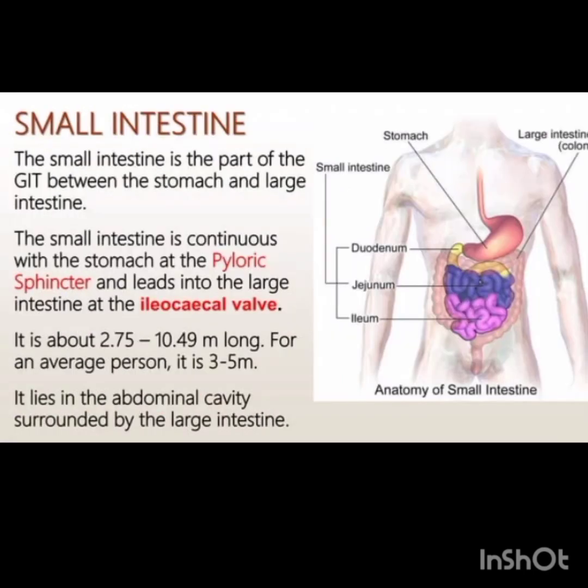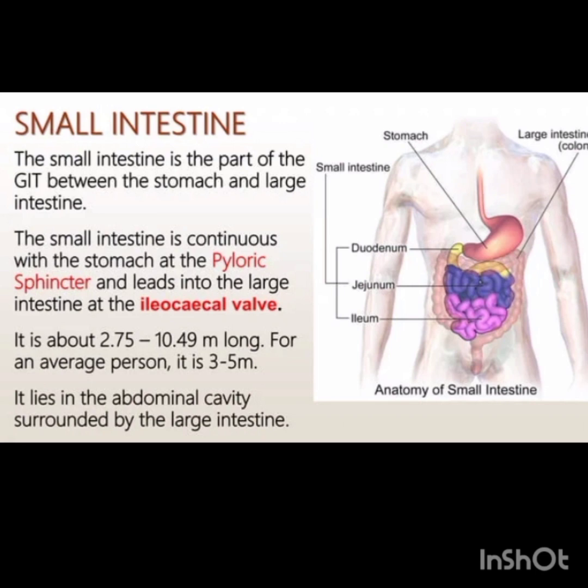Next one is the small intestine. After the stomach, the small intestine connects the stomach to the large intestine. The small intestine is the part of the GI tract between the stomach and the large intestine. It continues from the stomach at the pyloric sphincter, and it leads to the large intestine at the ileocecal valve.